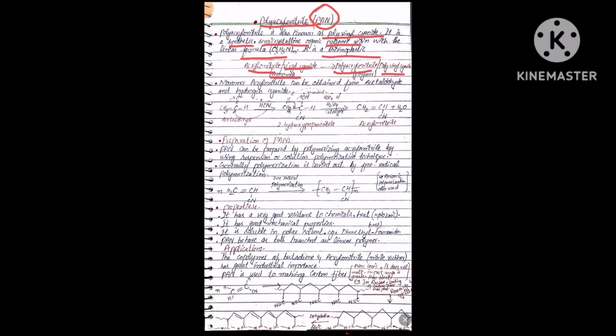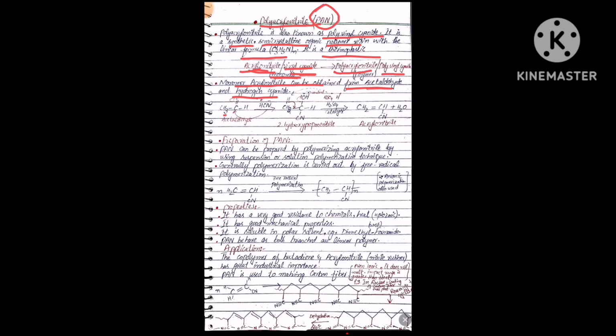If we use the term acrylonitrile for the monomer, we use polyacrylonitrile for its polymer name. Like if we use the name vinyl cyanide as a monomer, its polymer is said to be polyvinyl cyanide. Both are the same thing. So students, the monomer acrylonitrile can be obtained from acetaldehyde and hydrogen cyanide.